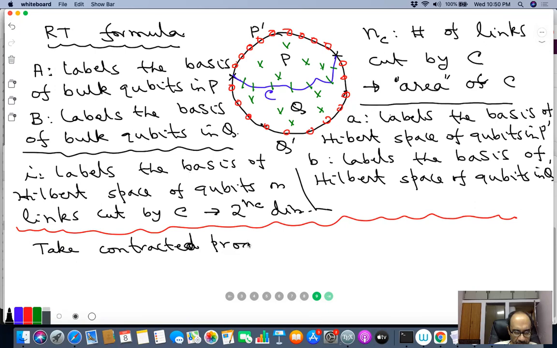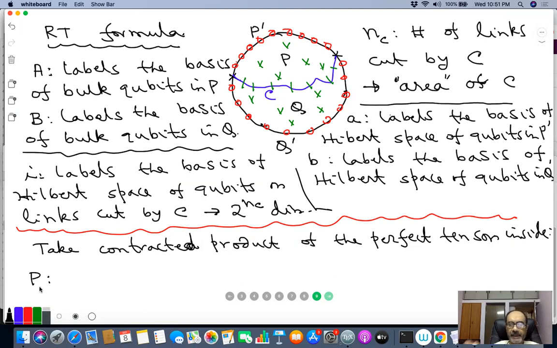Product of the perfect tensors inside. Okay, we take inside P first.